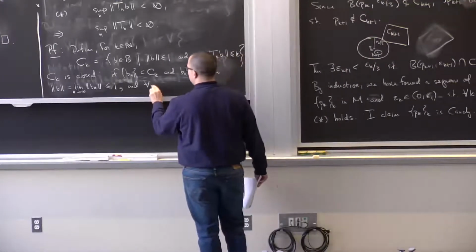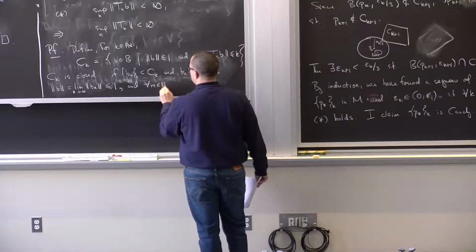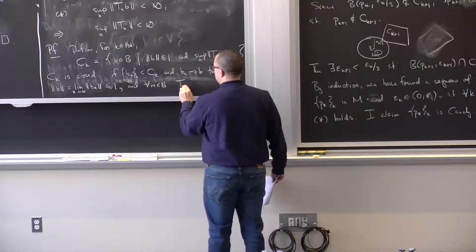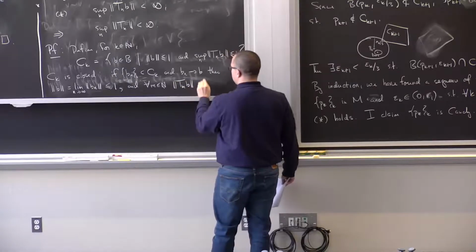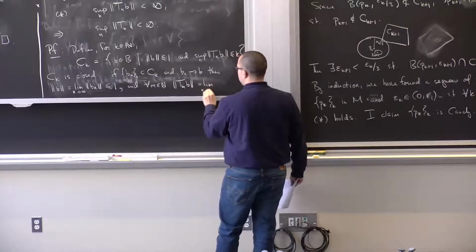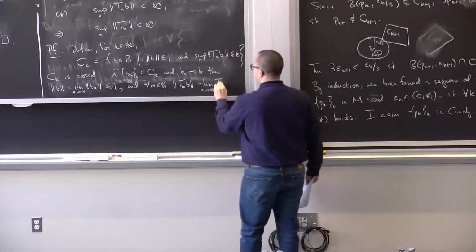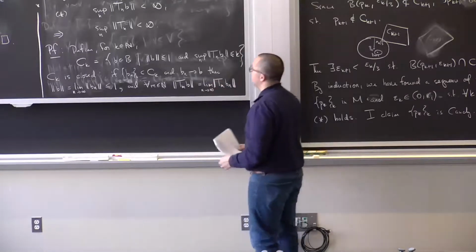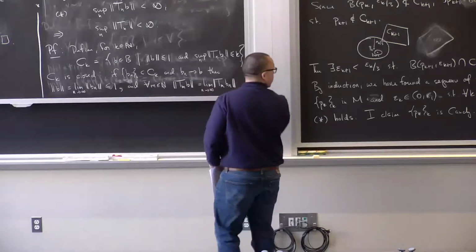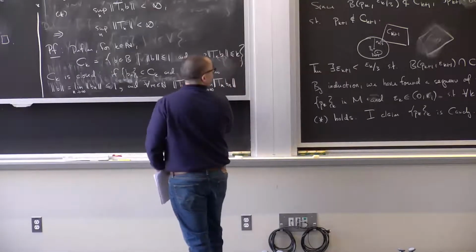For all m a natural number, the norm of T m applied to b is equal to the limit as n goes to infinity of the norm of T m b n, because these are bounded linear operators and therefore continuous.